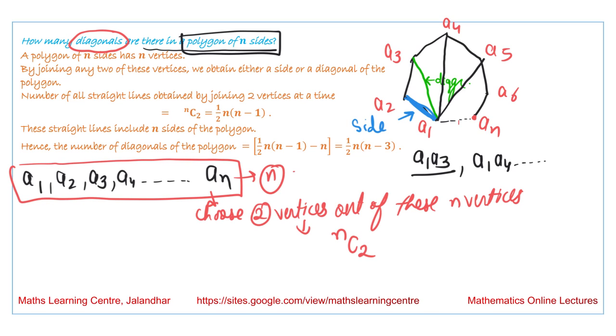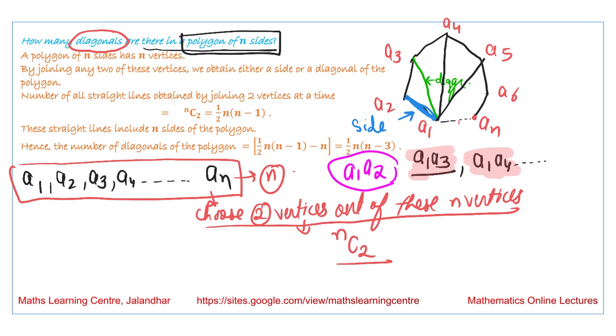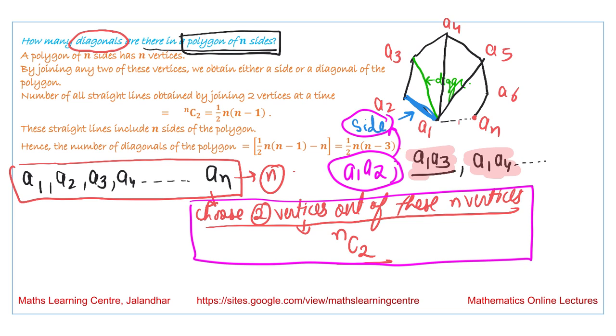Now if we choose these 2 vertices, it will represent all these pairs we are talking about: A1, A3, A1, A4, and so on. But it will include the pair A1, A2 also, which corresponds to a side. So this value NC2 will correspond to diagonals as well as the sides.